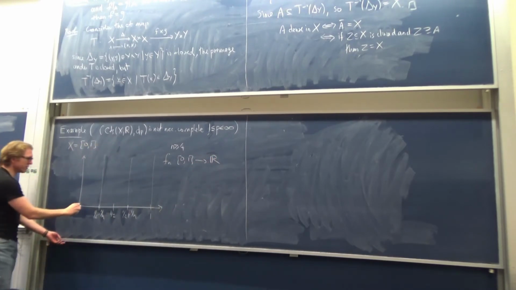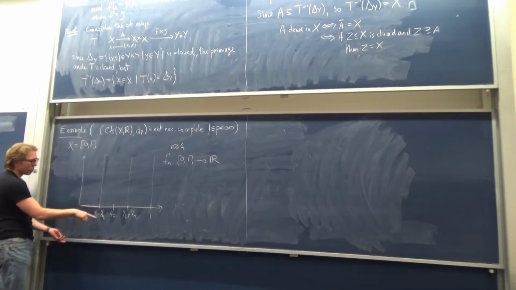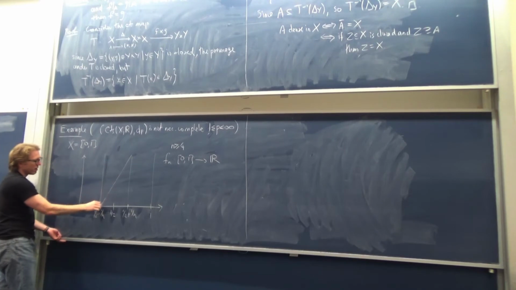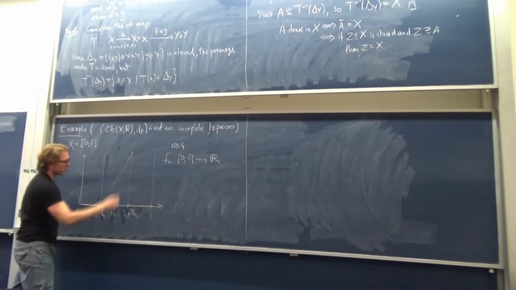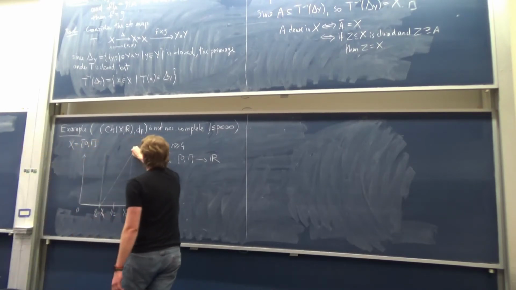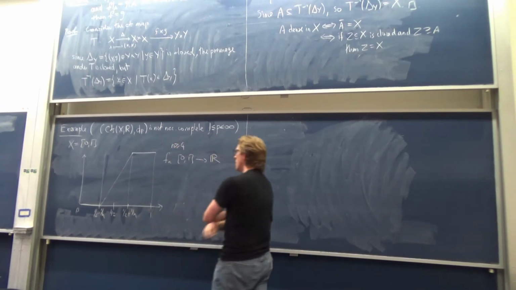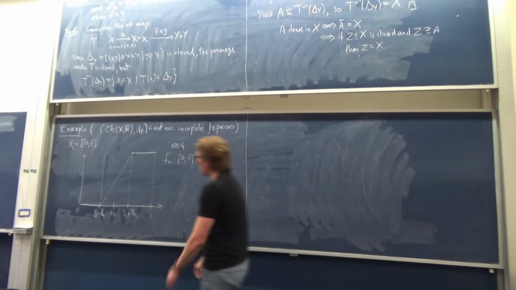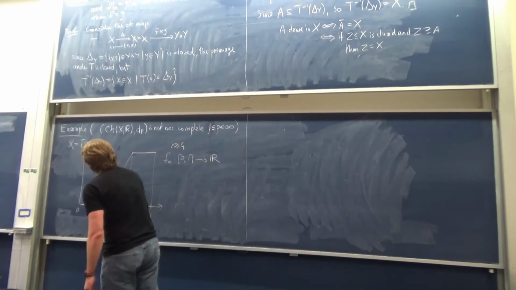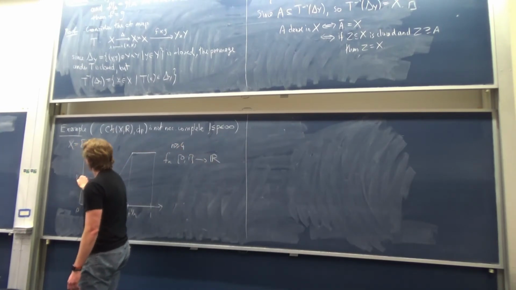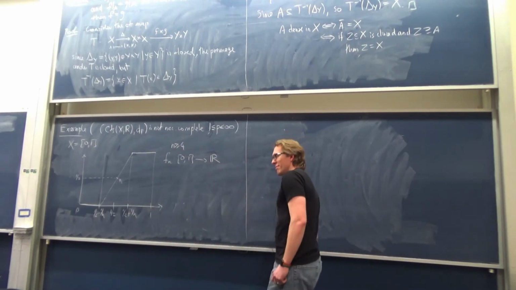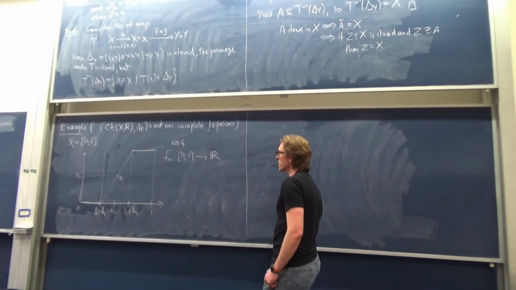It's 0 until 1/2 minus 1/n, and then it makes a straight line up until this point, which is (1/2 plus 1/n, 1), and then it's the constant function 1. That's a half. I won't bother writing down the formula because we can all do that.